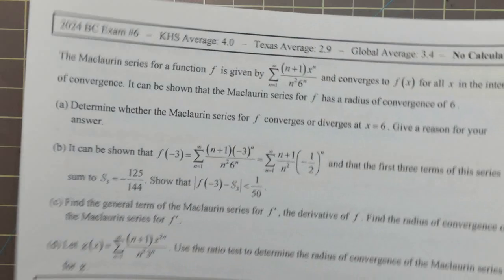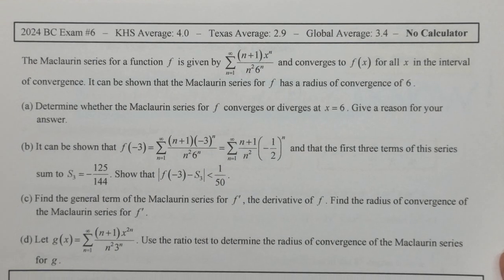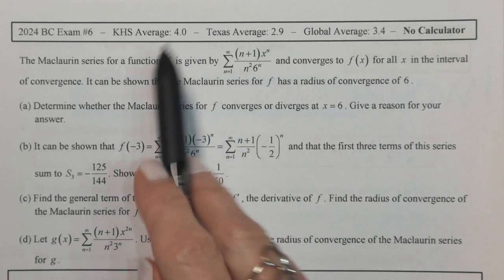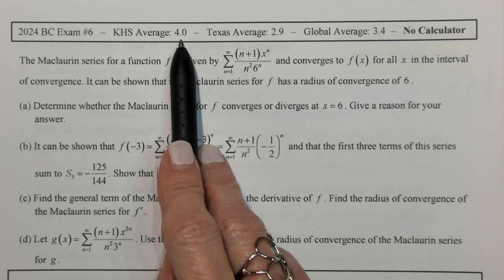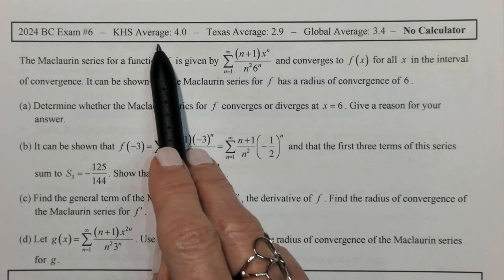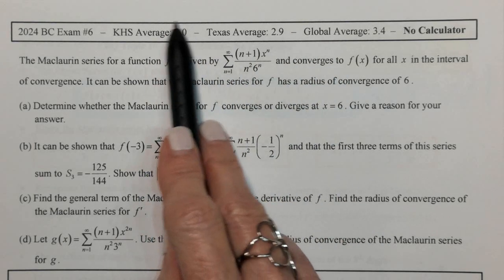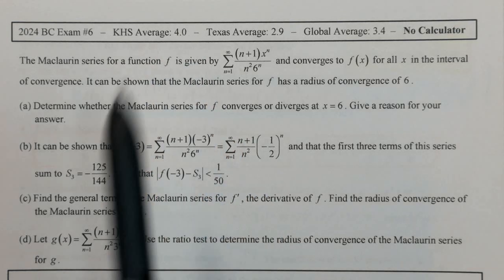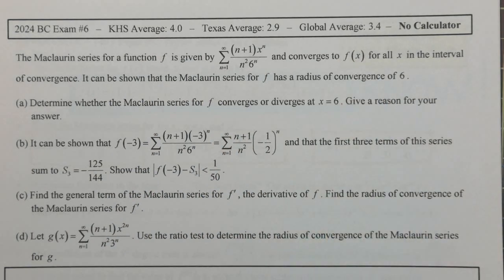We are going to do the problem from 2024. Our KHS average was 4 on this one, and to be honest, that is fairly high for one of these types of problems. Usually these are lower. The global average was also a little bit high for one of these types of problems.